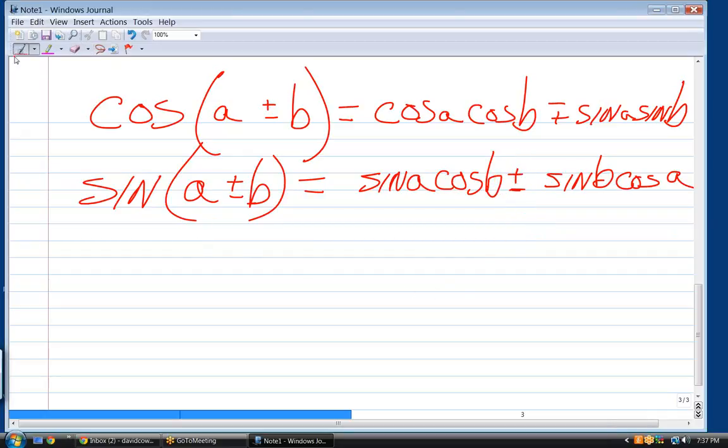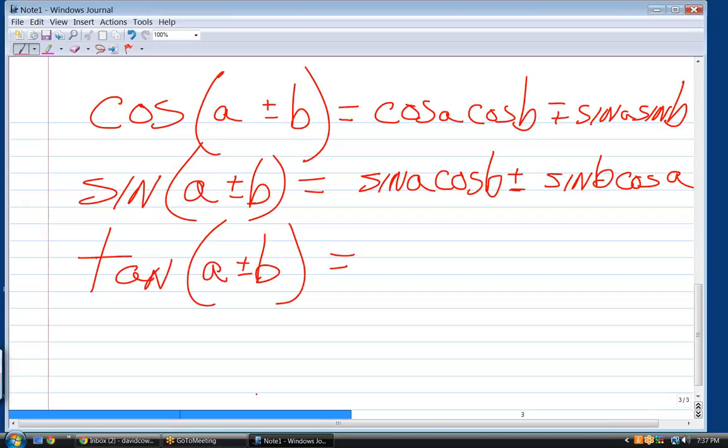Tangent of A plus or minus B. Now, tangent is sine over cosine. So theoretically, I could take this and divide it by that to come up with my answer, but that's not the way we memorize it.